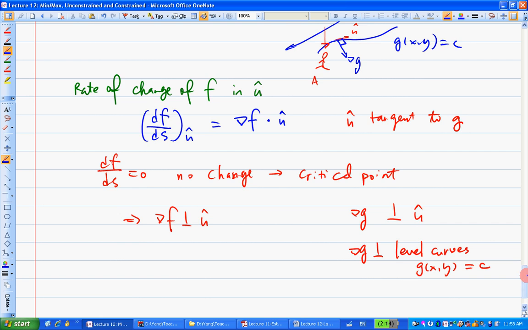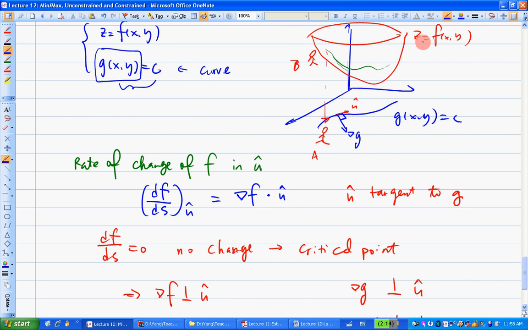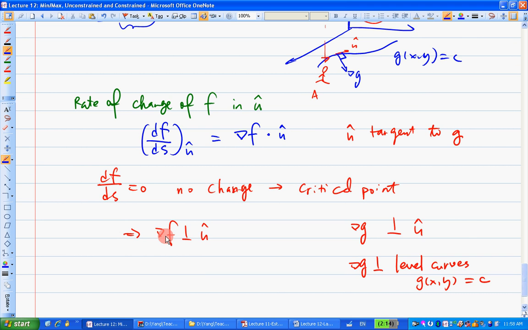And del f is also a vector in the xy plane. I'm not sure where, but it's going to be inside the xy plane. So three vectors in the xy plane. Now you tell me, what will be the relationship between del f and del g? Same direction? Or more precisely?